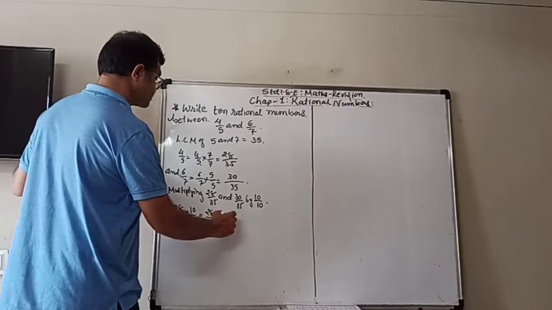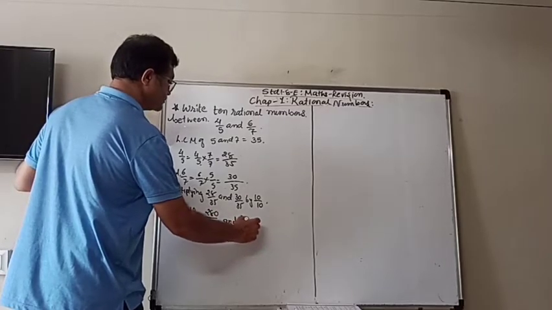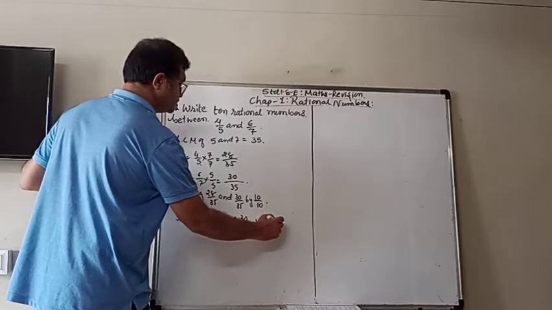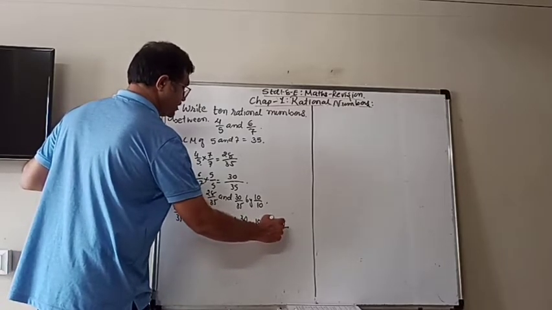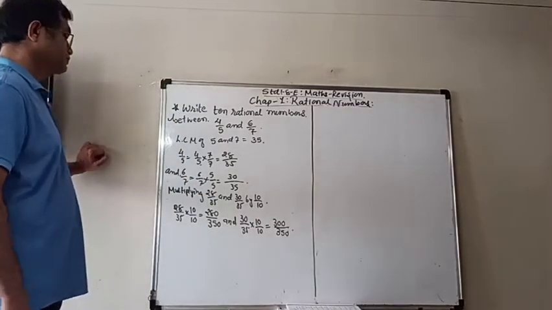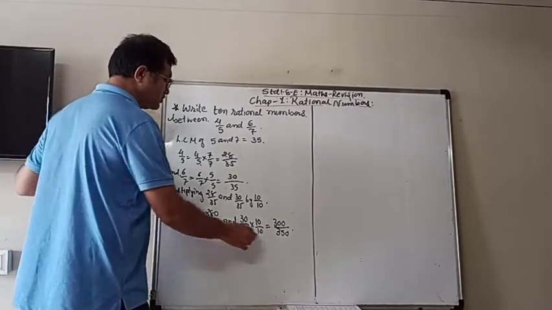And 30/35 multiplied by 10/10 is equal to 300/350. So now we have to write down 10 numbers between those two numbers.